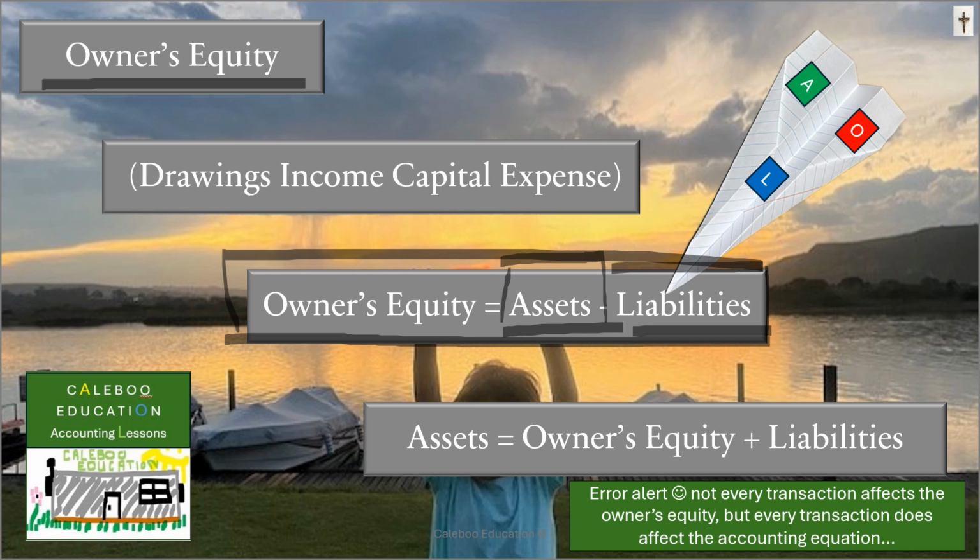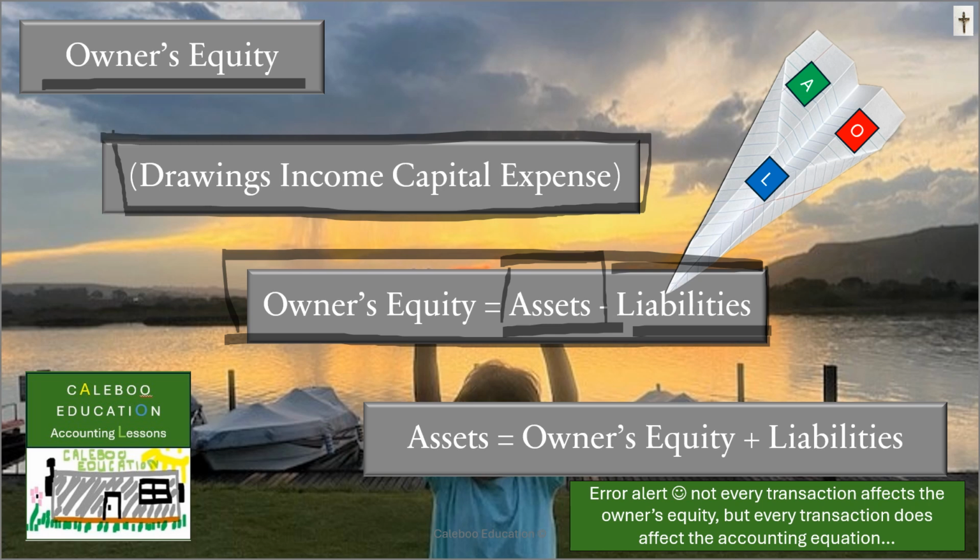There are four things, four categories, four items that have an effect on owner's equity, and they are what the owner puts in, capital. The owner can invest money into his or her own business, or donate an asset, for example, a vehicle, to the business.